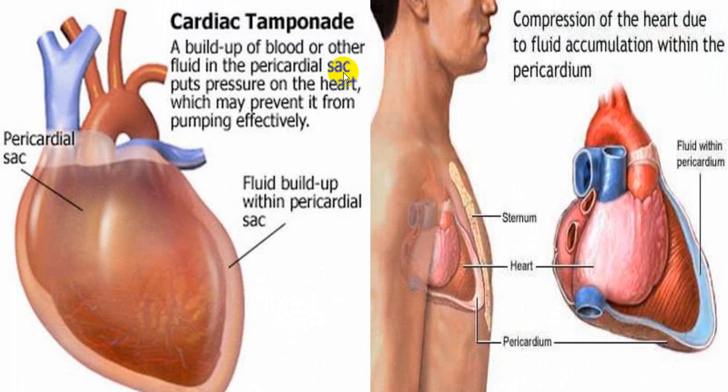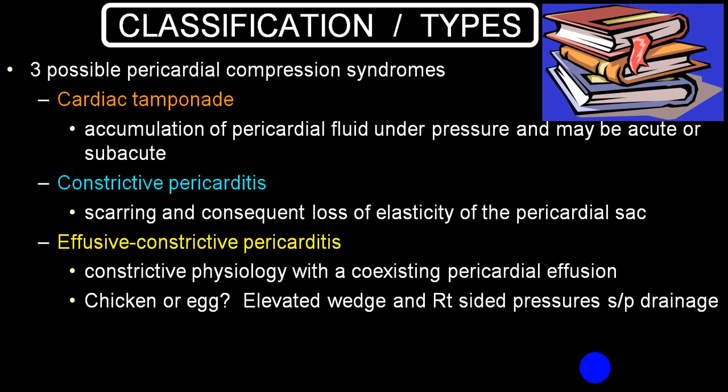So there is a collection of fluid which puts pressure on the heart and prevents it from pumping effectively. So it is a compression of the heart due to fluid accumulation within the pericardial sac. This is the pericardial sac where the fluid is accumulated. It does not allow the ventricle to fill properly, and filling takes place during diastole.